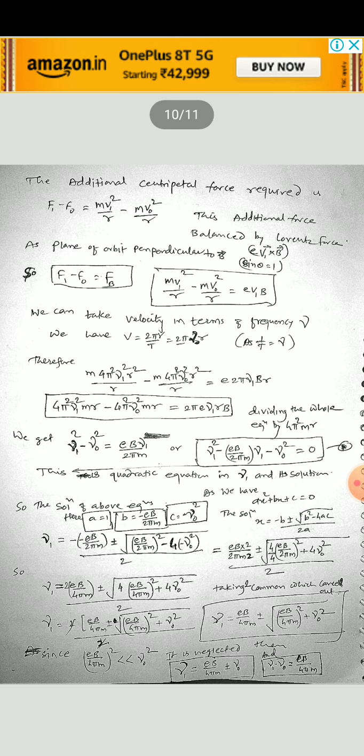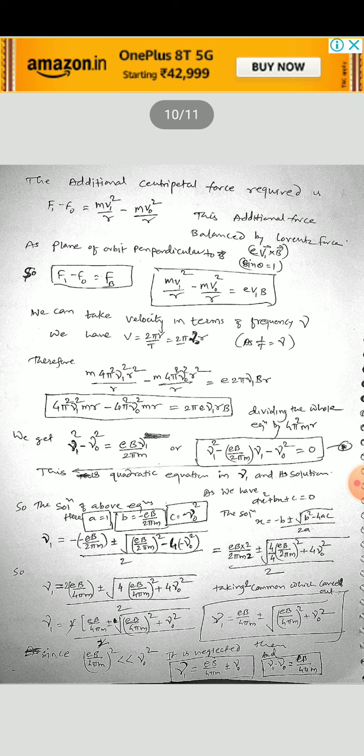Speed v is 2 pi r upon T, and 1 by T is nu, so 2 pi r nu naught for the first frequency, and 2 pi nu 1 into r for the second.